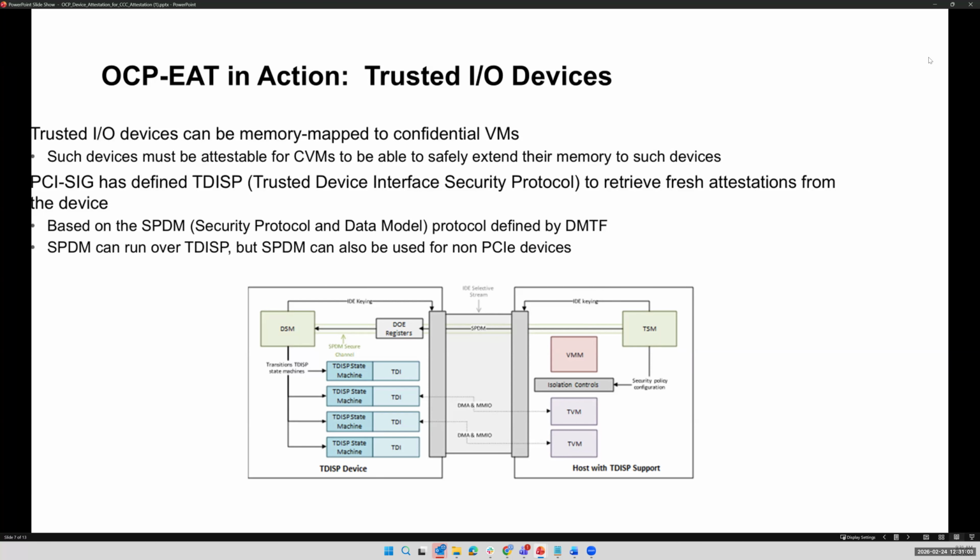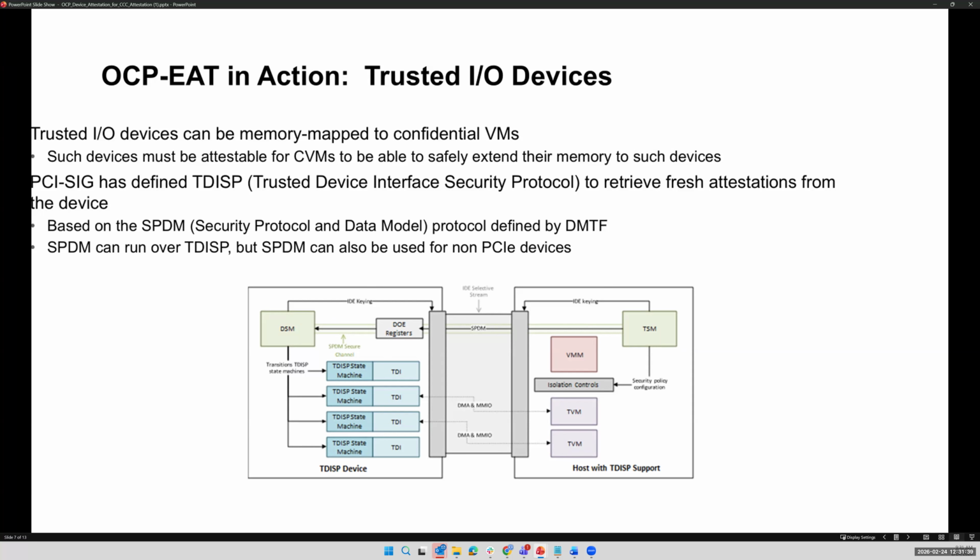Such devices are generally accepted to have to be attestable before CVMs extend their memory to those devices. As many people know here, the PCI SIG has defined a protocol for that, TDISP, to allow for retrieval of attestations from such devices. The attestations can be retrieved using a protocol that runs on top of it called SPDM, which is defined by a different organization, the DMTF.